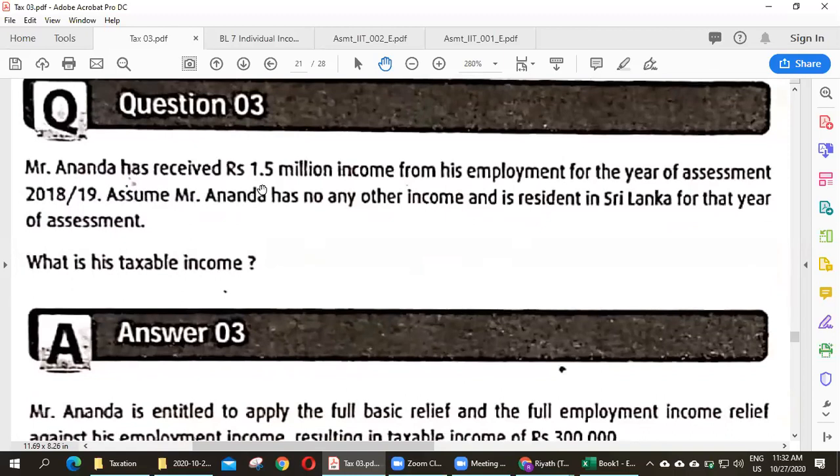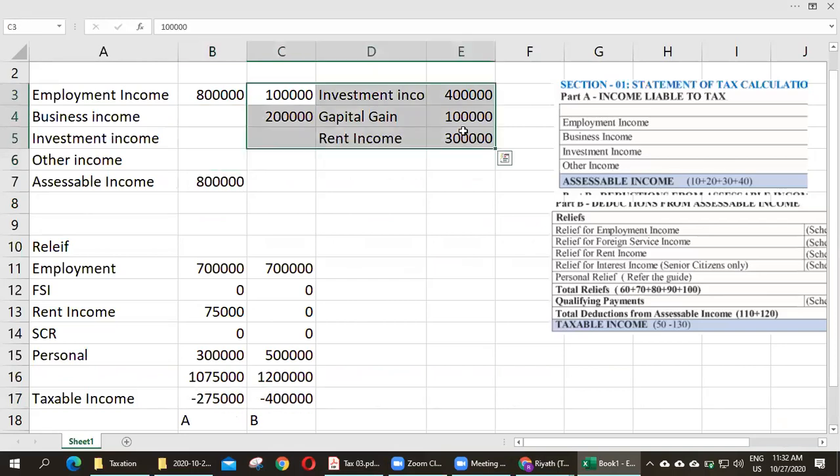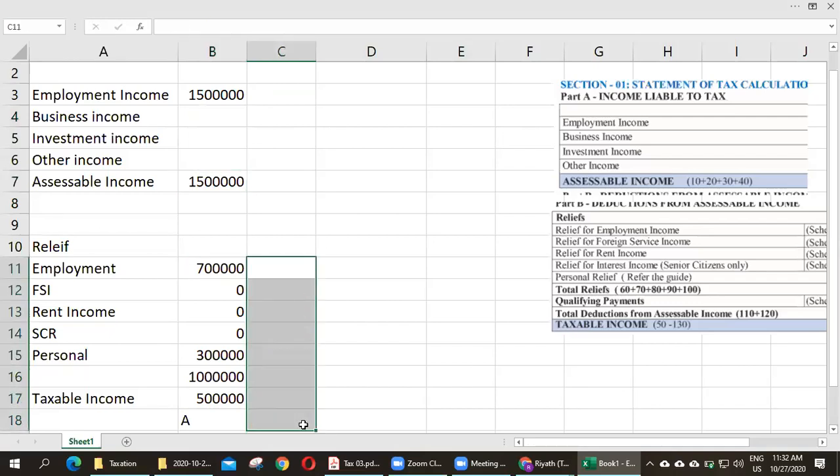Assume that here he has only one source of income. How much? 1.5 million. Right? He does not have any other income, only this income. So assessable income equals 1.5 million.